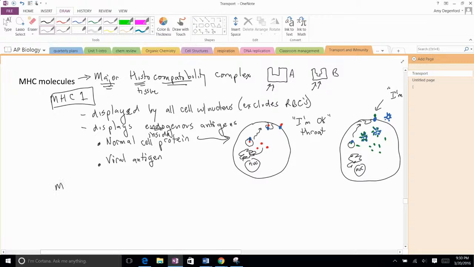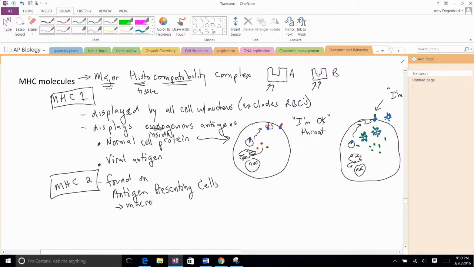Now, the MHC2 is slightly, well, it is similar in that it displays antigens. This is going to be found on what we call antigen-presenting cells. Now, thankfully, the name says it all. These are cells that present antigens. We have two that are generalists.